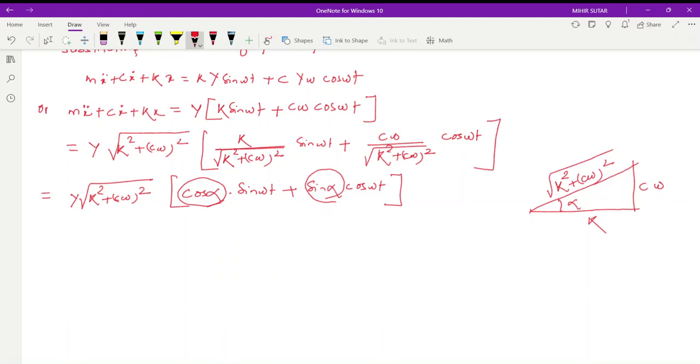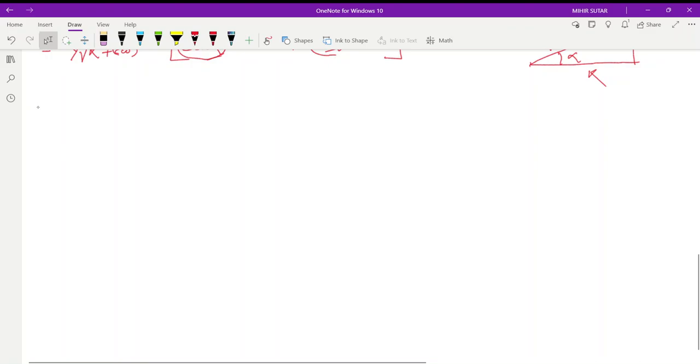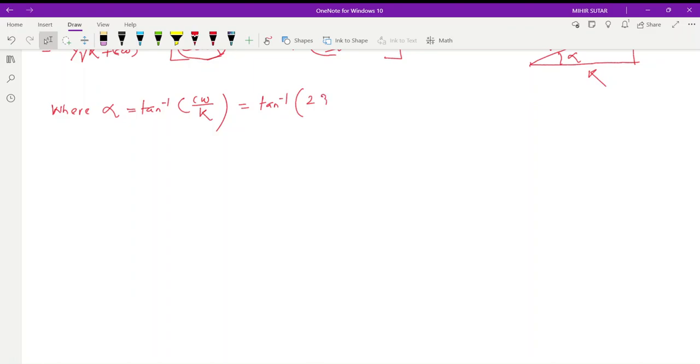Now further we can say that alpha is tan inverse of c omega by k, or this can also be written as tan inverse of 2 zeta omega by omega n.